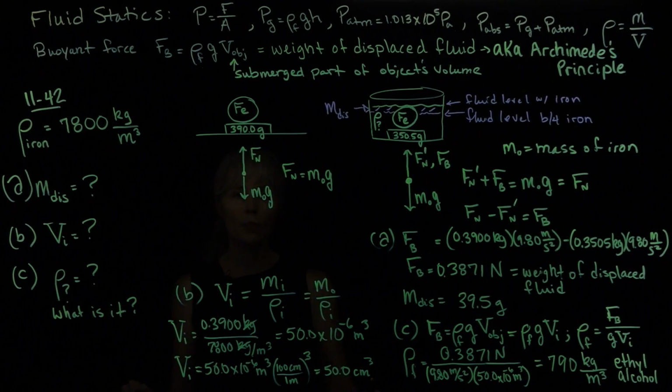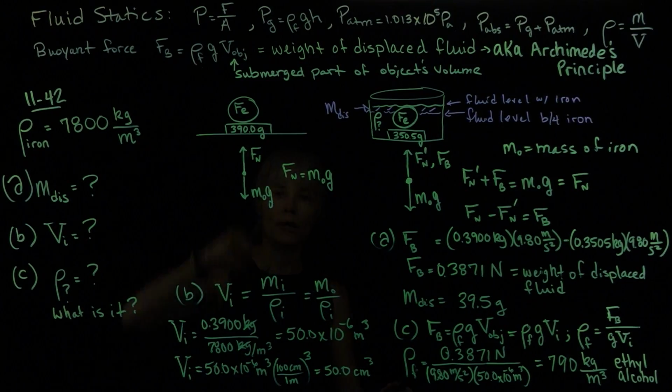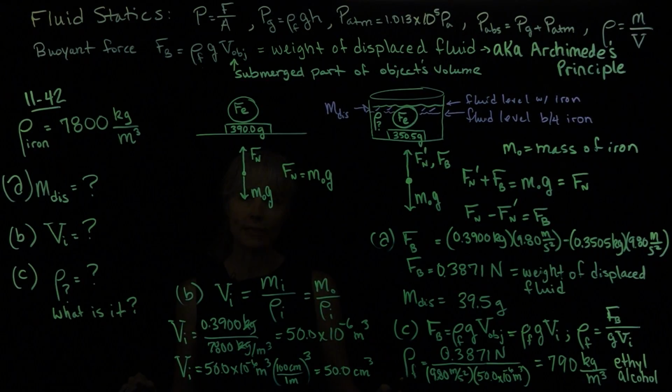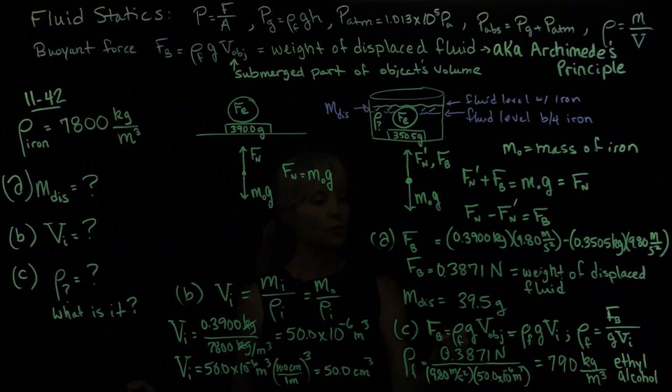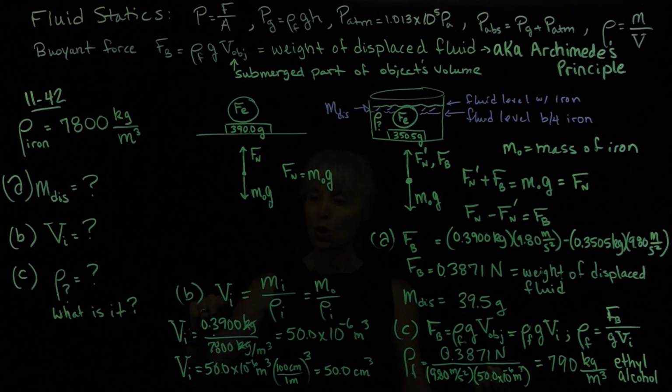And then in part C, we want to know what is the density of this fluid. So we go back and use this equation, right? That's where the density of the fluid is sitting. It's right there in that equation for the buoyant force. So the buoyant force is equal to the density of the fluid times the acceleration due to Earth's gravity times the volume of the object, the part of the object that's submerged. In this case, the entire volume is submerged, so we're going to use the entire volume of the object, which is the iron.